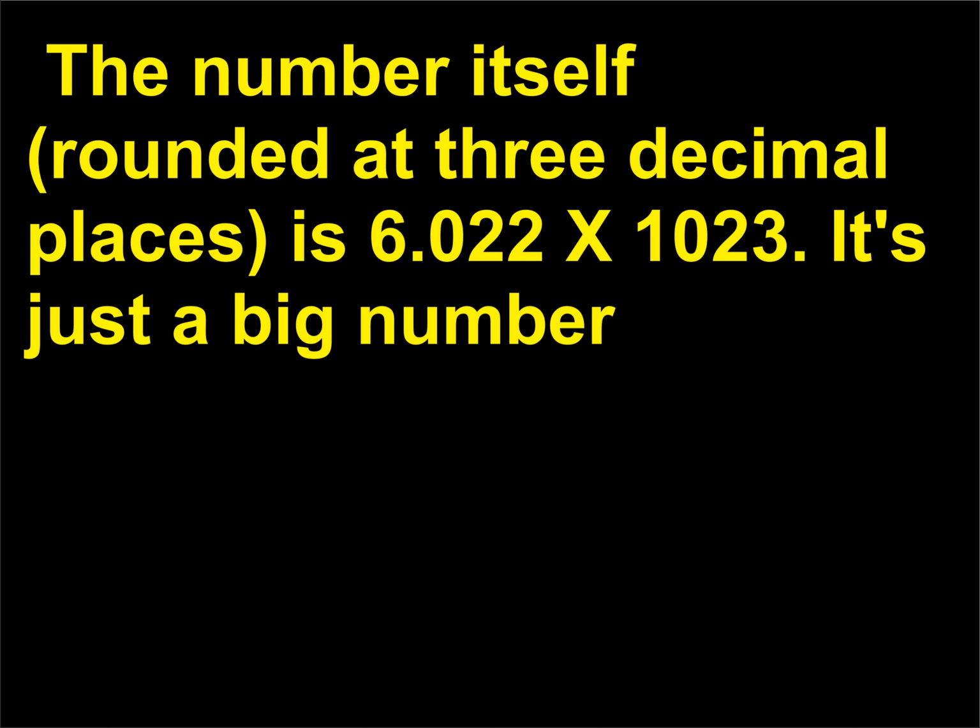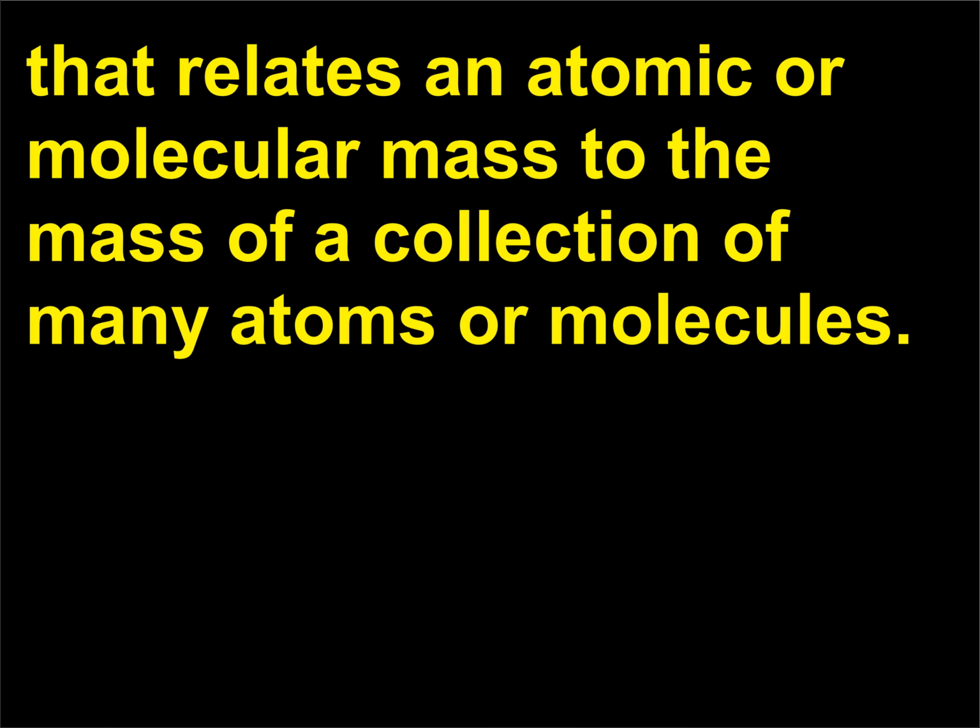The number itself, rounded at 3 decimal places, is 6.022 x 10^23. It's just a big number that relates an atomic or molecular mass to the mass of a collection of many atoms or molecules.